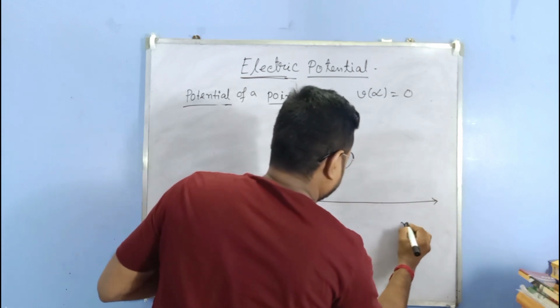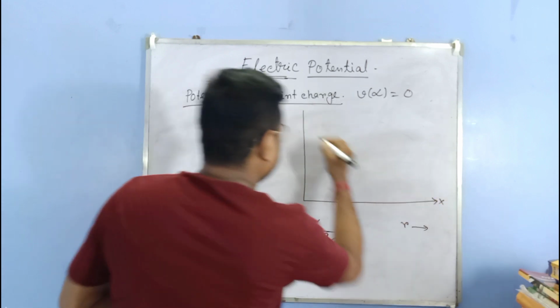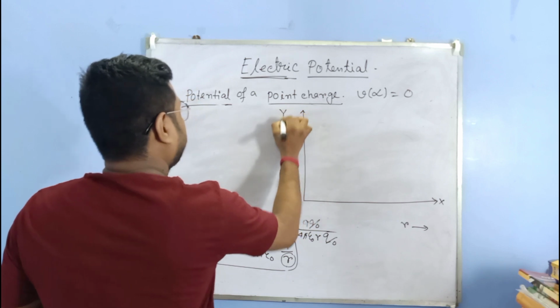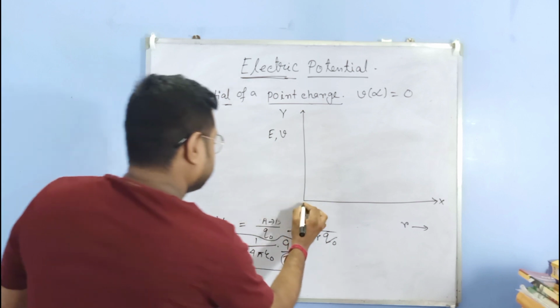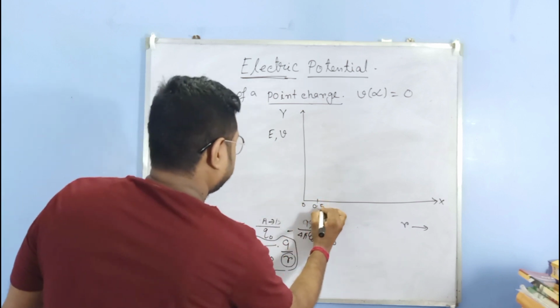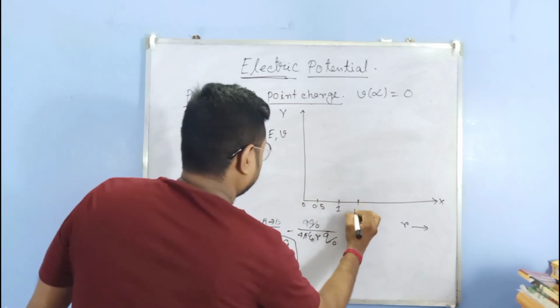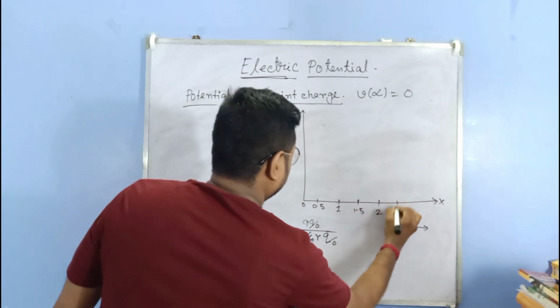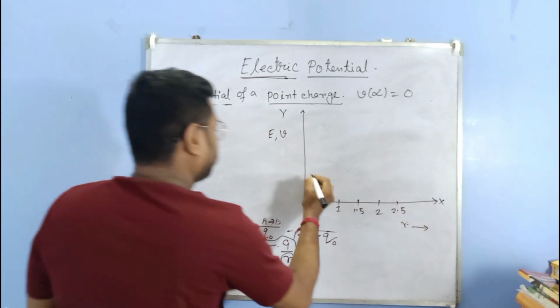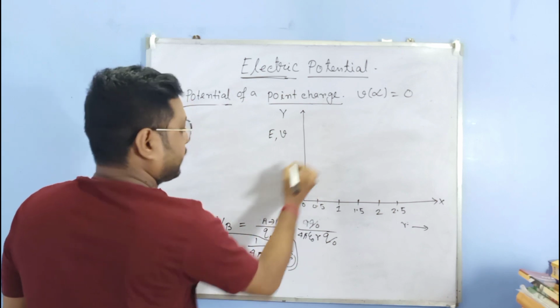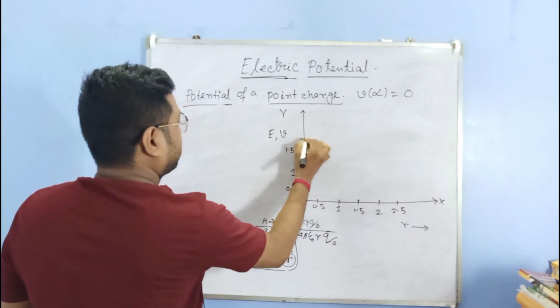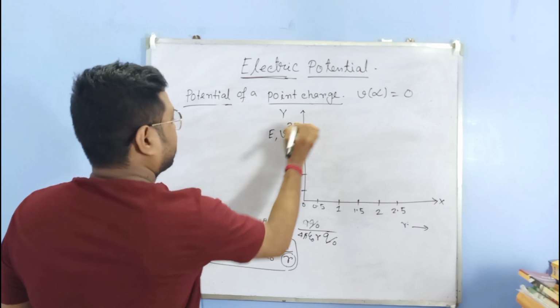If we take R along the x-axis and the value of potential and electric field along the y-axis, this is 0, 0.5, 1, 1.5, 2, 2.5 and so on. This is also 0.5, 1, 1.5, 2, 2.5.